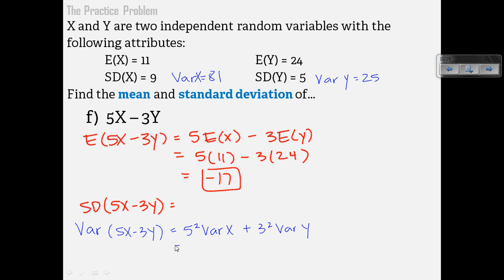So that would be 5 squared times 81 plus 3 squared times 25. And that ends up being a big number that I don't know off the top of my head. I think it's 2250, if I remember this right from class.